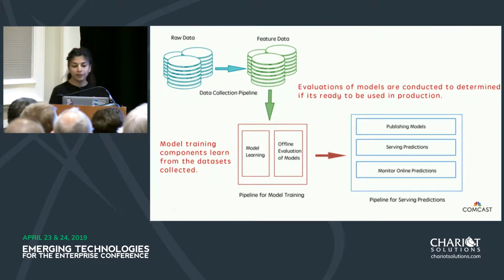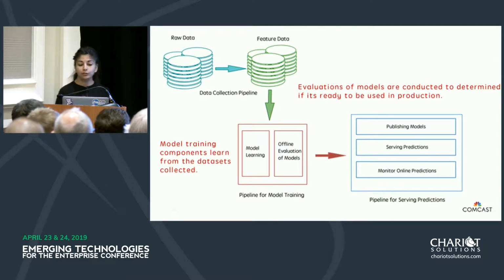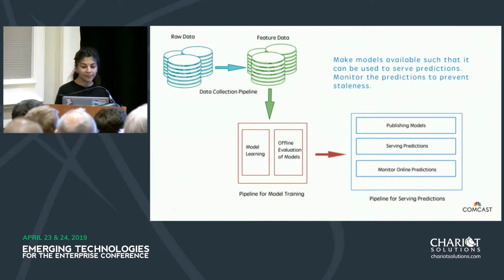So then once you have that raw data, you train your model on the components learned from the data sets collected, and then you evaluate that model to make sure that what your model is producing is in fact legit predictions. And then once you've developed a proper model that you think can have some impact in production, you make the model available such that it can be used to serve predictions. And then, of course, you monitor those predictions to prevent staleness.